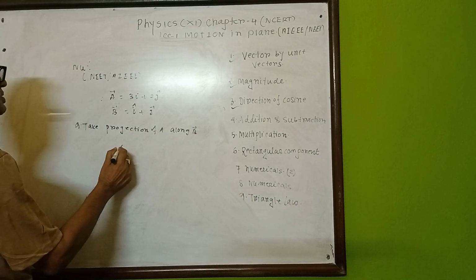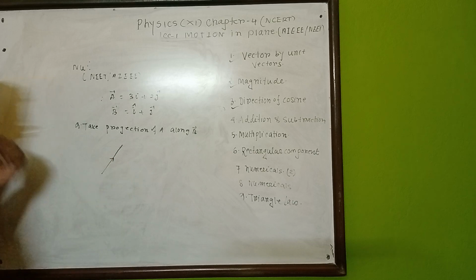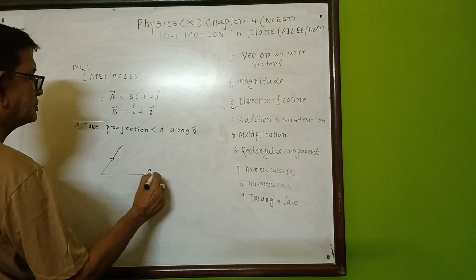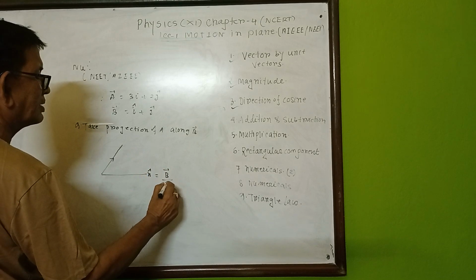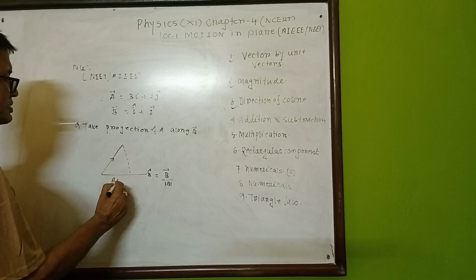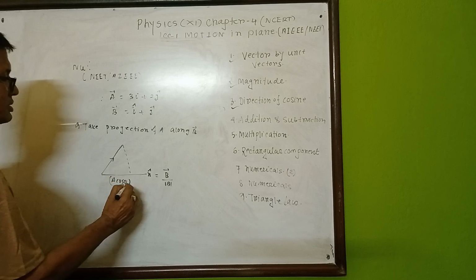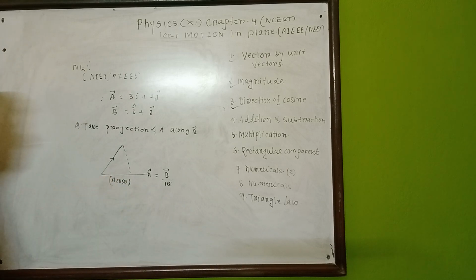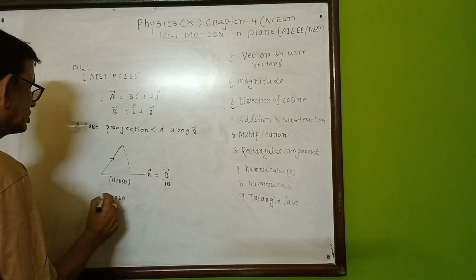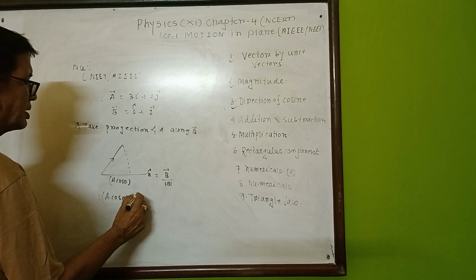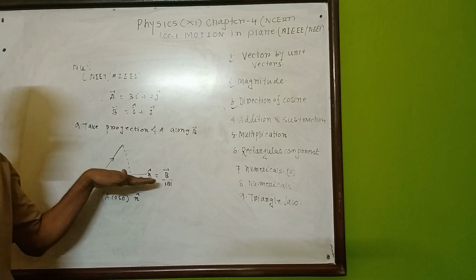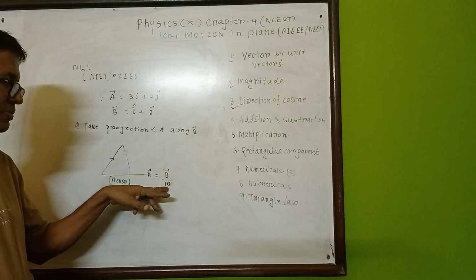How will you do it? First draw, this is A. This is the direction of B, the unit vector to consider, that is the direction of B: B vector by magnitude of B vector. Now if you draw a perpendicular, then the projection is A cos theta. But theta is not given. So the answer will be A cos theta, you put in the bracket times n cap, because n cap means the direction along B, that is B vector by B mod.